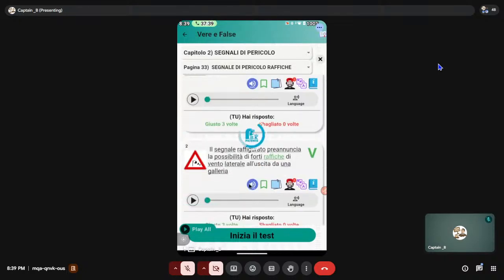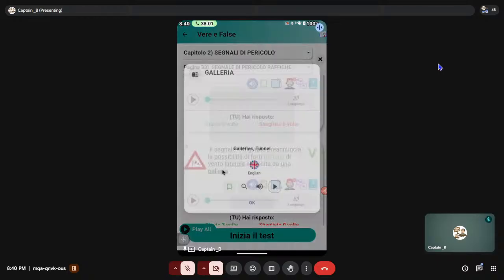Number 2. Il segnale raffigurato preannuncia la possibilità di forti raffiche di vento laterale all'uscita da una galleria. Now, this sign is referring to preannuncia, announcing the possibility of forti raffiche di vento laterale all'uscita di galleria. What is galleria, which is here?